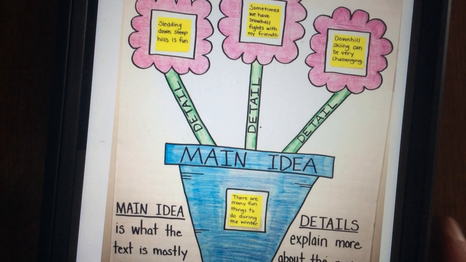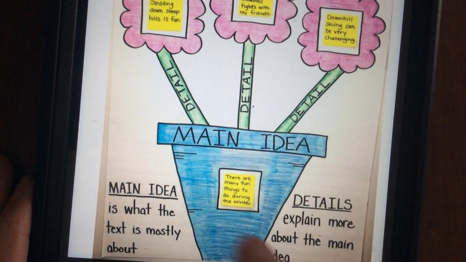And I chose this one because it says on here, there are many fun things to do during the winter. And remember when we wrote our winter writing and we used the hamburger method and we talked about our topic sentence and our concluding sentence and then our 3 supporting details? That's kind of a lot like main idea and details when you're reading a story, okay?